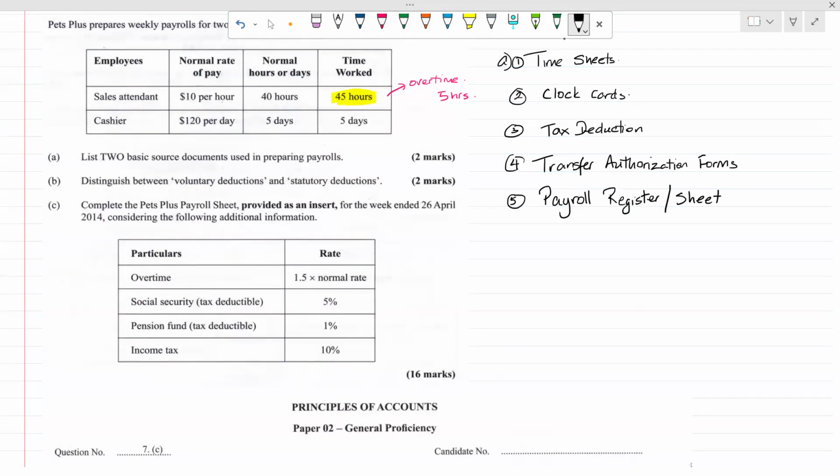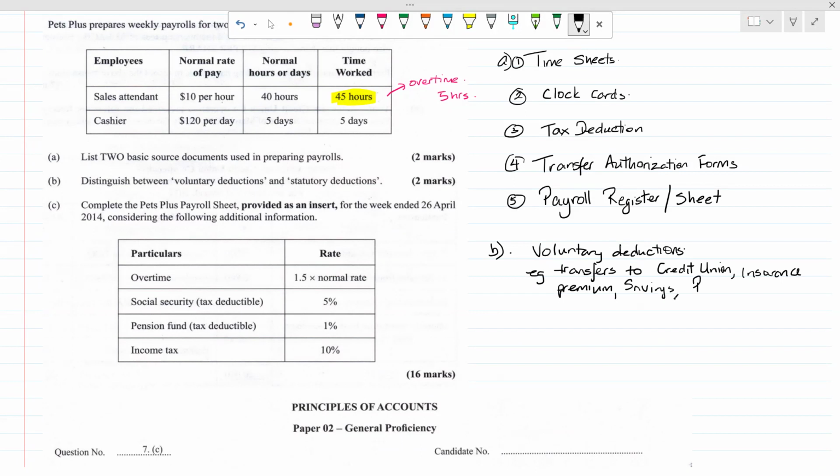Distinguish between voluntary deductions and statutory deductions. So we briefly talked about voluntary deductions before. These could be things like transfers to a credit union account, insurance premiums, savings, transfer to a savings account, pension schemes.